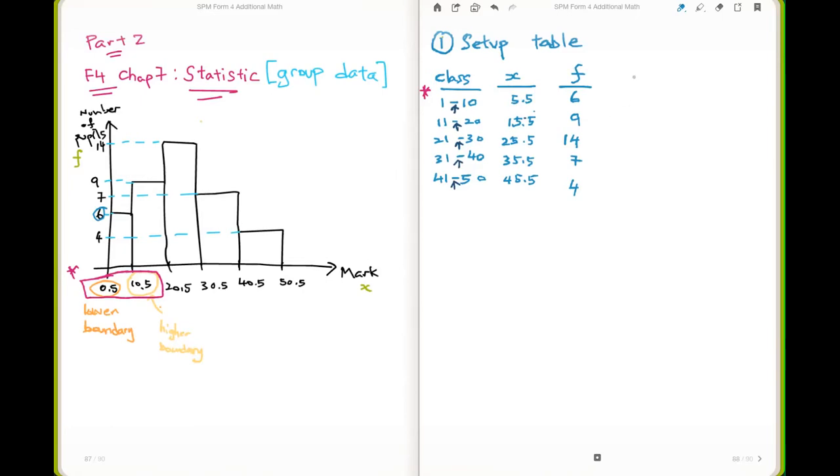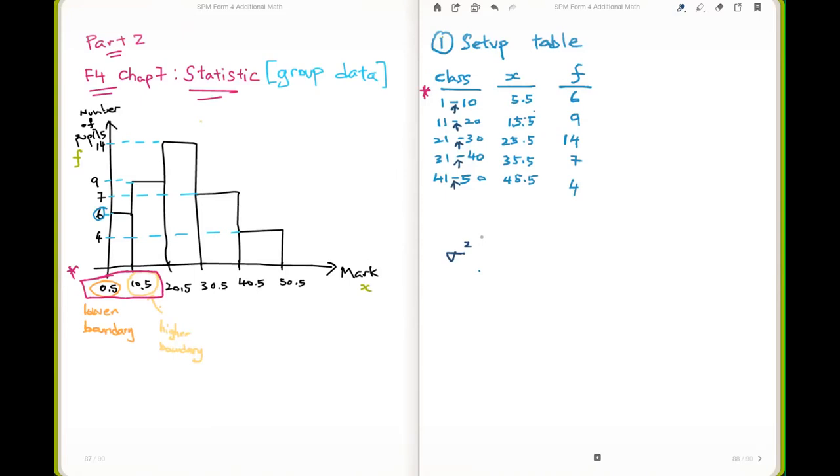Next, our equation for variance and standard deviation would be, if you don't mind, I want to write it here. The standard deviation for group data has a slight difference from ungrouped data.